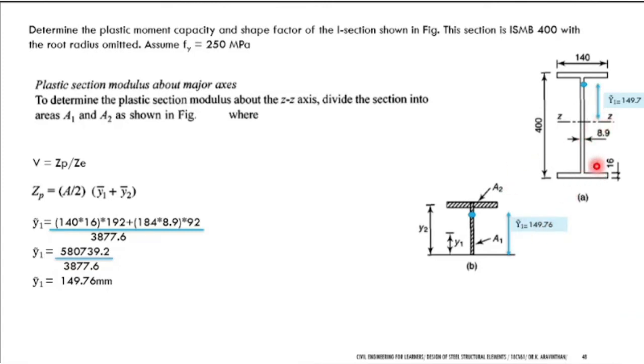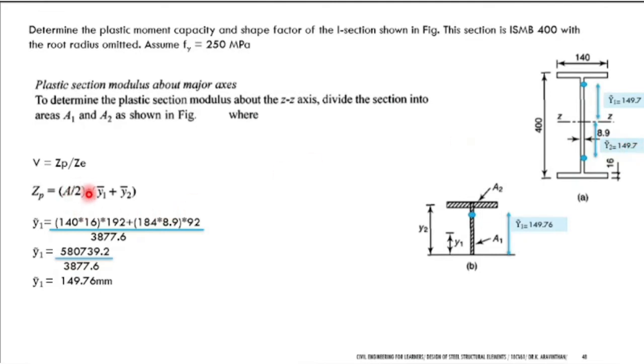Since due to symmetry, what do you mean by symmetry? If I am cutting this, the top half is similar to the bottom half. You have same 200 mm, the width of the flange is also 140, thickness is also 16. So all the parameters are same. So you will be getting the same answer. Hence y2 bar will be 149.7.